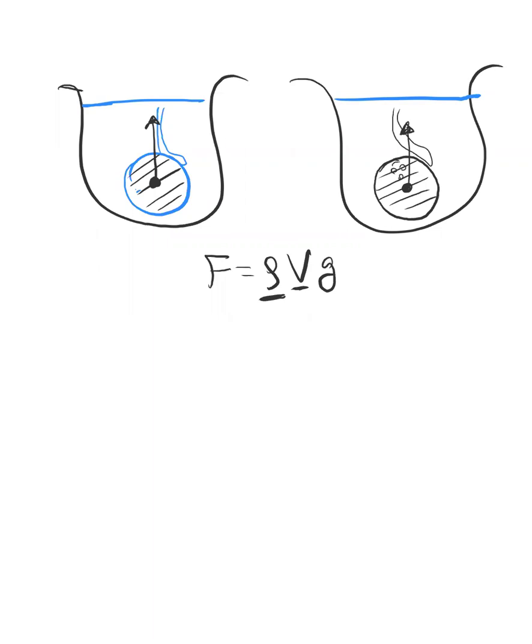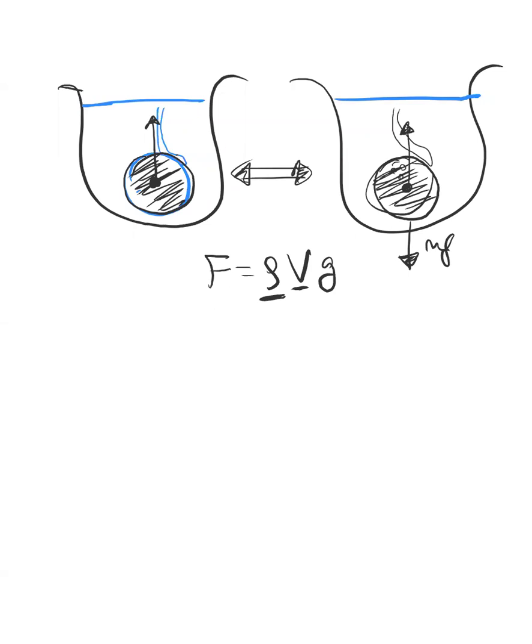The only difference between the behavior of these two objects is that even though they experience the same buoyant force, the bowling ball experiences more gravitational force, and that's why it sinks.